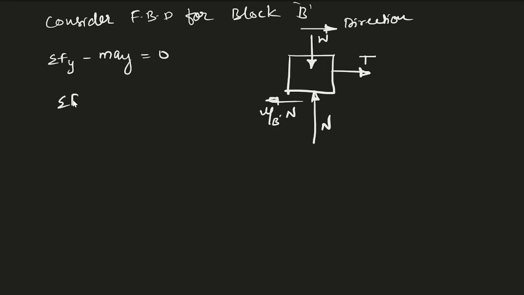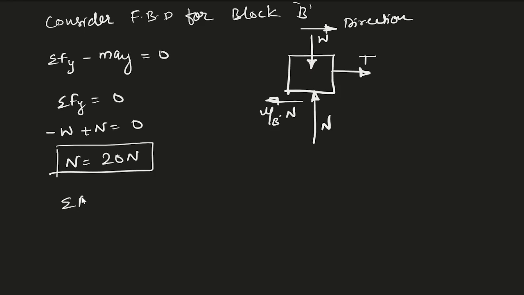So F of y will be equal to 0. W is acting downward, so negative. Normal is acting upward, so positive. This will be equal to 0. So N will be equal to W, the weight of the block, that is 20 Newton. So this is the value for normal.